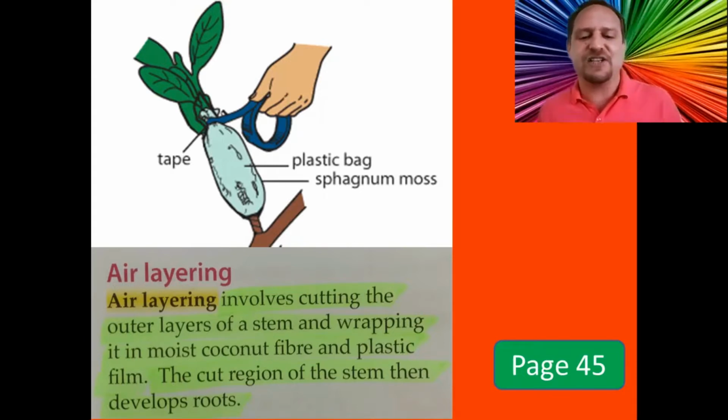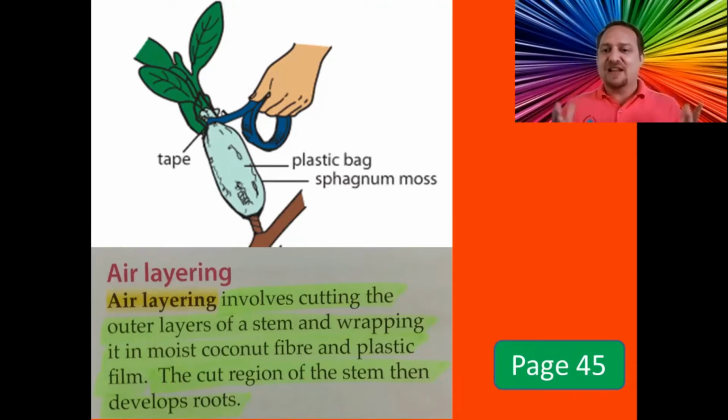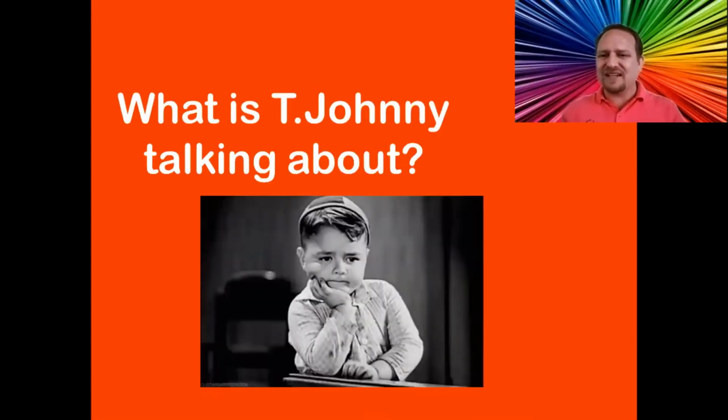The cut region of the stem then develops roots. This is on page 45 and you can highlight it. Excellent. That's air layering.